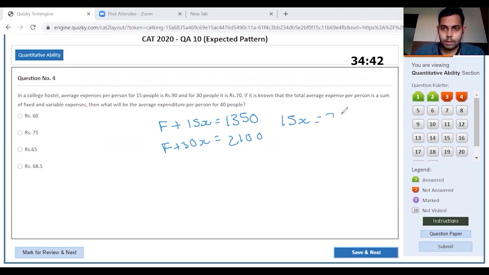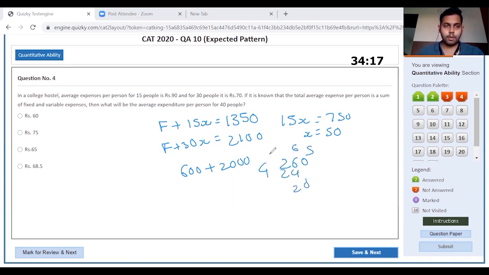That is x is 50, right? So if x is 50, that is 1500. So f is 600. So 600 plus 40 into 50 is 2000. So 2600 divided by 4, 6 4s are 24, 65 rupees is the average.